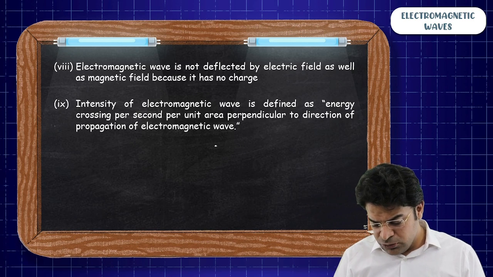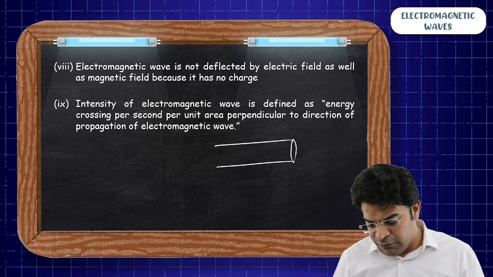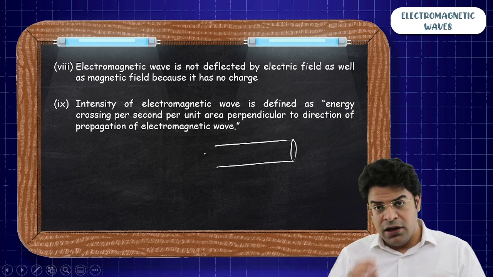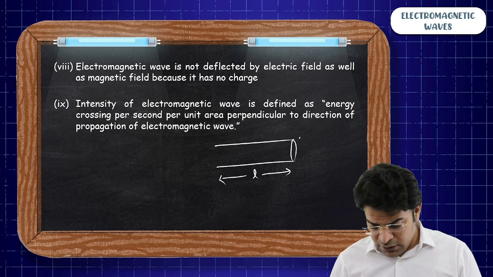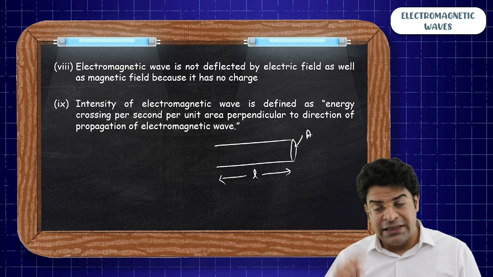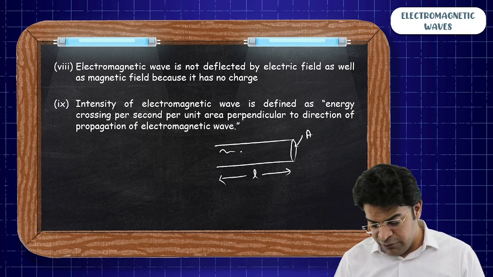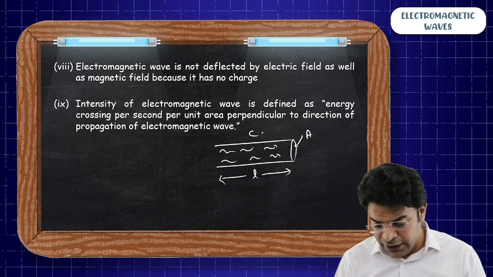Now let's assume that we have got an EM wave propagating in a cylindrical region, and let's say this cylinder has a length L and this cross section area is A, and let's say here EM waves are moving. We know that EM waves move at the speed of light.